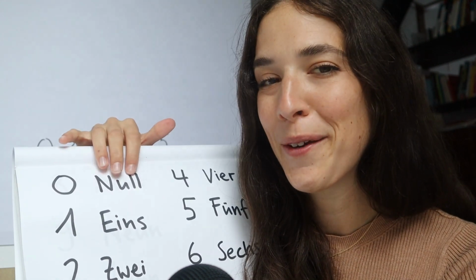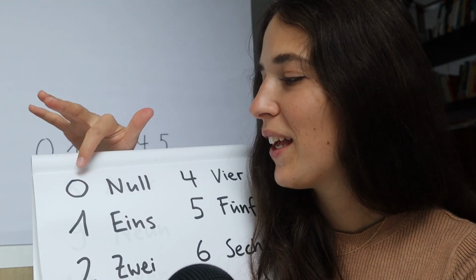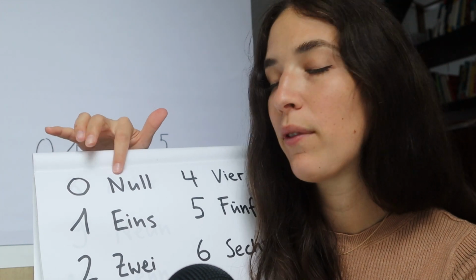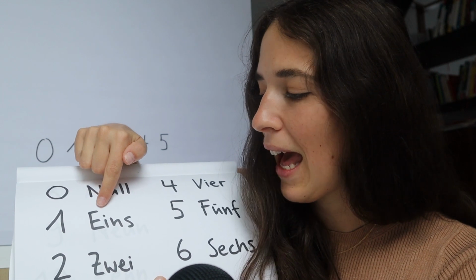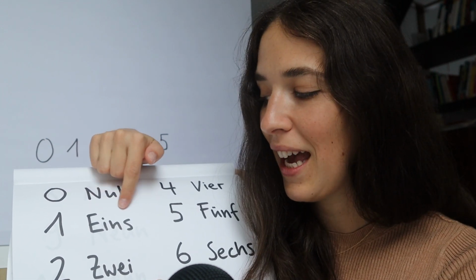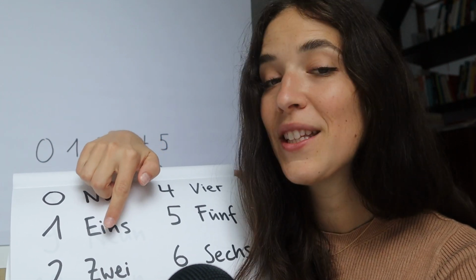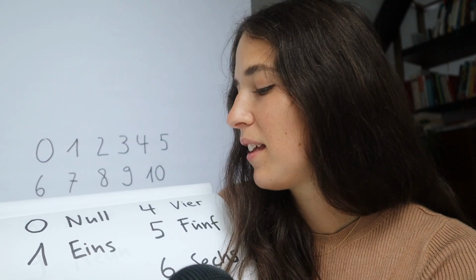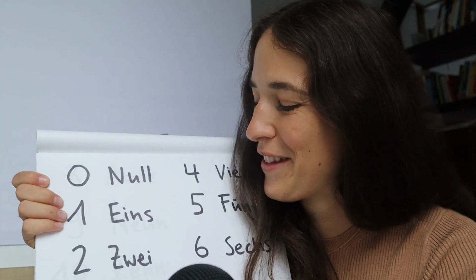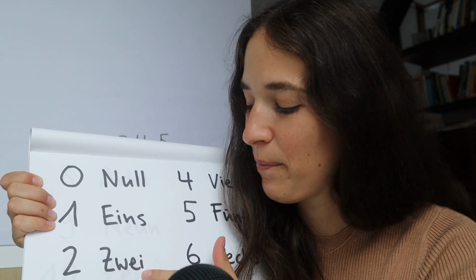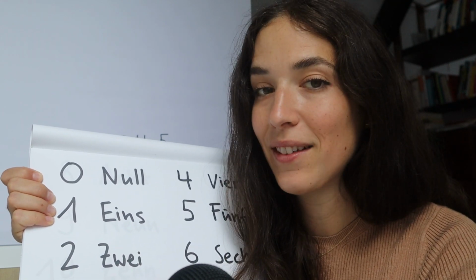Okay, so that works better, I think. So for the 0 we have null in German, null, and then eins, zwei. It just occurs to me more and more how aggressive the German language sounds. Zwei, drei.